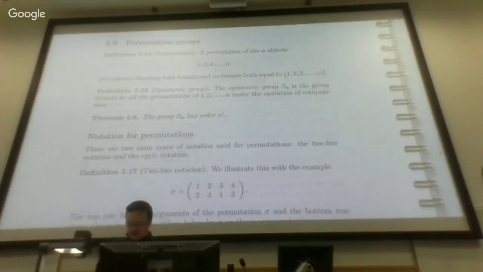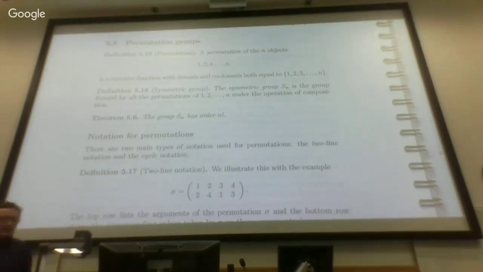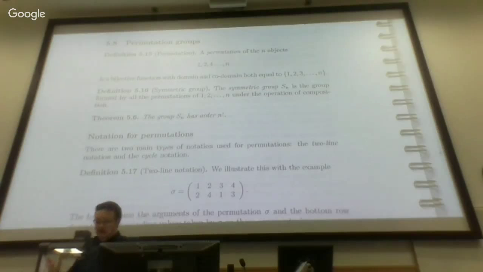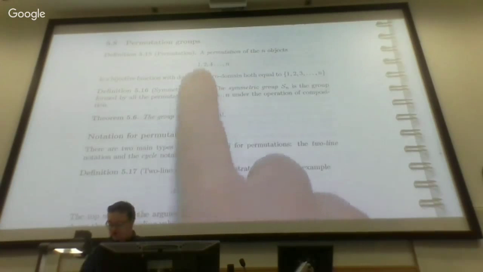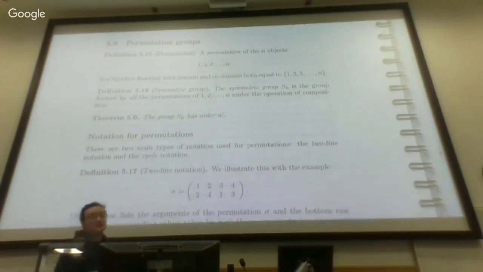Okay, so a basic definition: what is a permutation? Well, a permutation is a kind of function, and we talk about a permutation on n symbols or n objects. A permutation of the symbols 1 up to n is some function whose domain and codomain is that set of labels 1, 2, 3, 4, up to n.